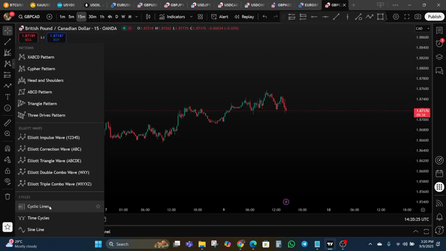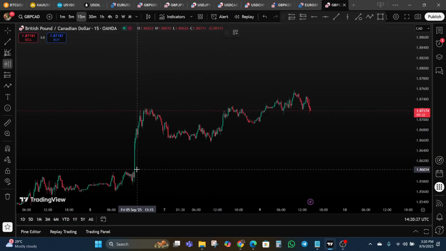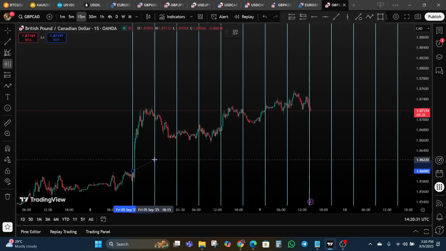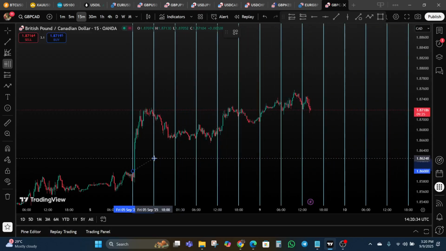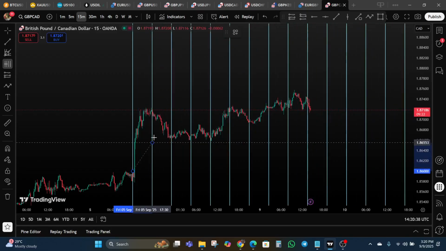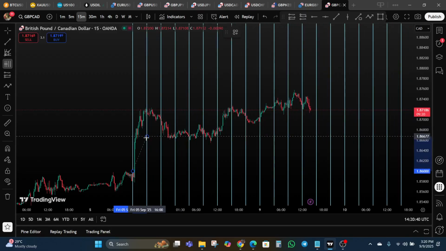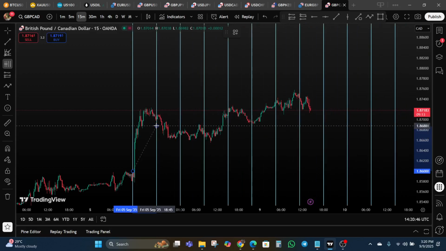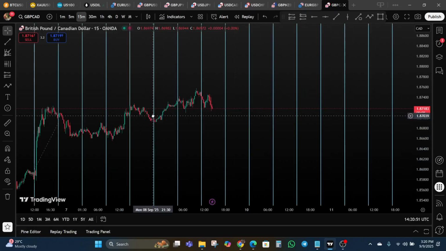Okay, so if I was to highlight, remember that it has to be a pattern that you have already recognized, right? So if I was to identify a repeatable pattern, and let's say it occurs every few hours or days or whatever, and then I just mark it out, you can see it's going to project into the future, right?